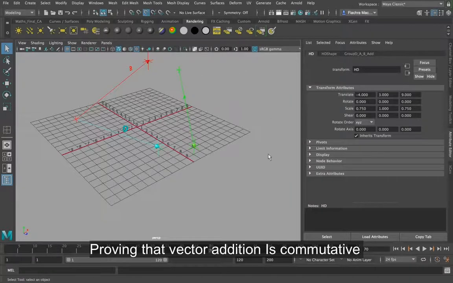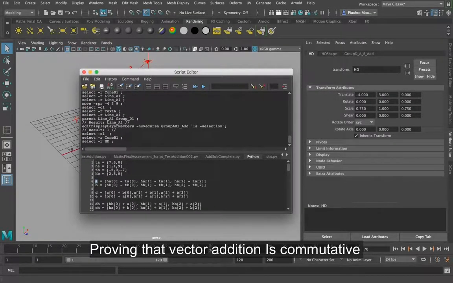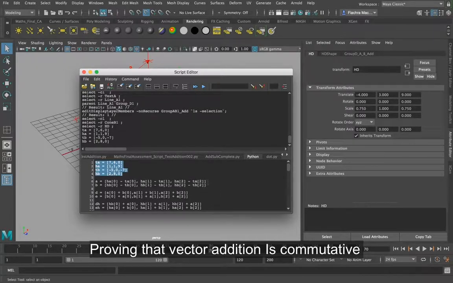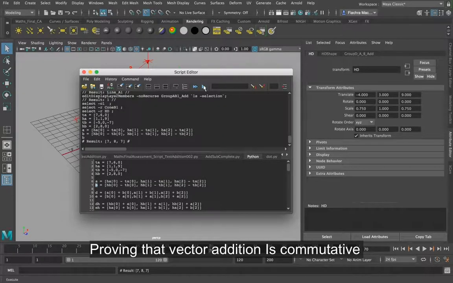So we can check if that's correct by using the script editor. And so here we have A and B, and if we run that, that's going to inject the coordinates into the script editor, and then we can run both of these. Okay, it's going to give us each of the points.